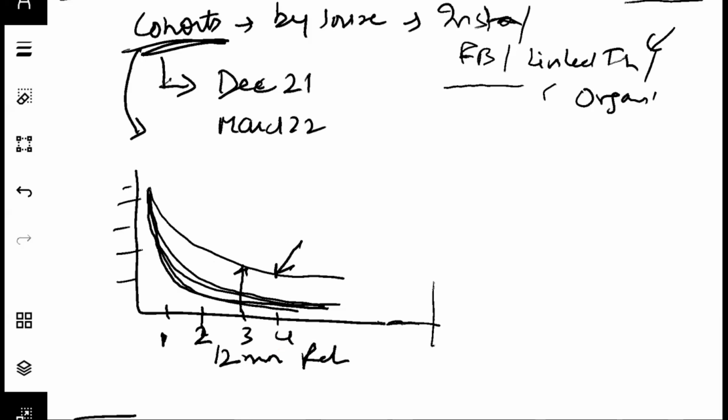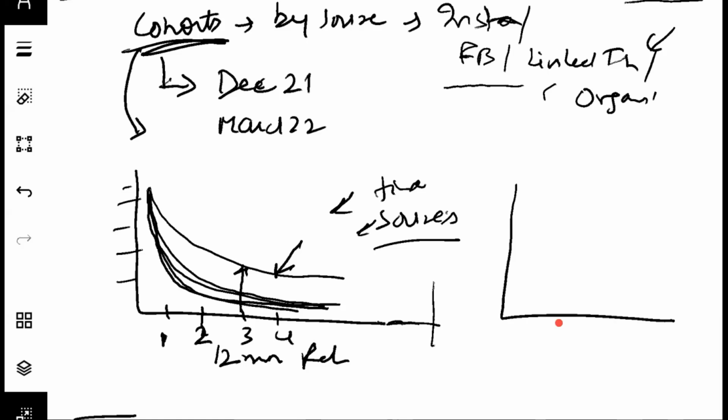This could be studying cohorts by various sources, and then also various timelines. These are all different ways in which you will study your cohorts. And cohorts are used for basically studying these long-term trends. Retention is one such, churn, any other trend which is a long-term trend.